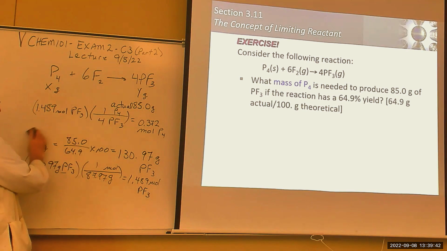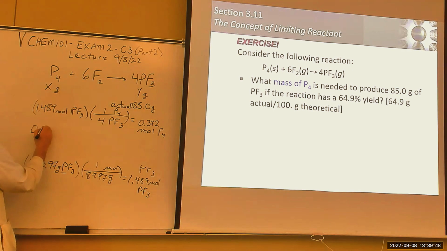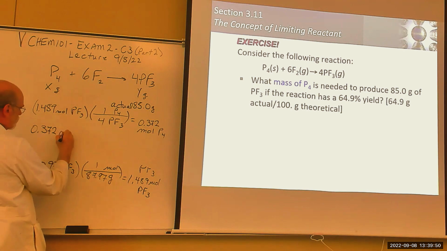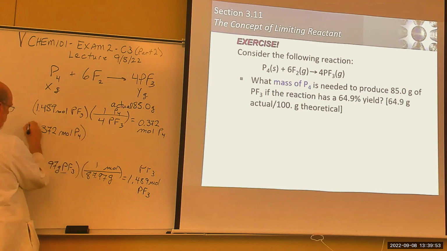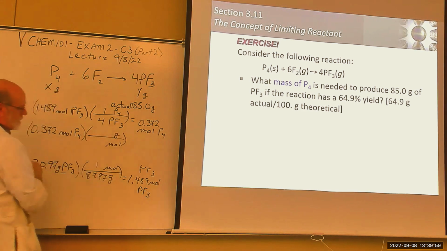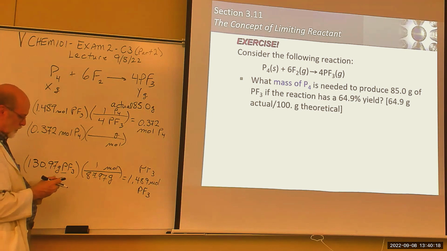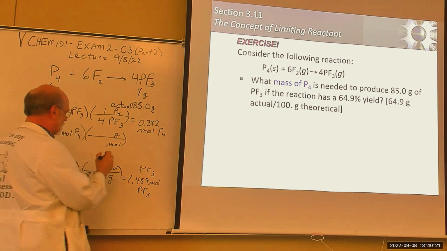Now we can convert that back to mass and answer the question. What do we need to convert that to mass? Right? What does that say to you? Molar mass. What's the molar mass of P4? Well, P is still 30.97, but we need 4 of them. And I get 123.88.